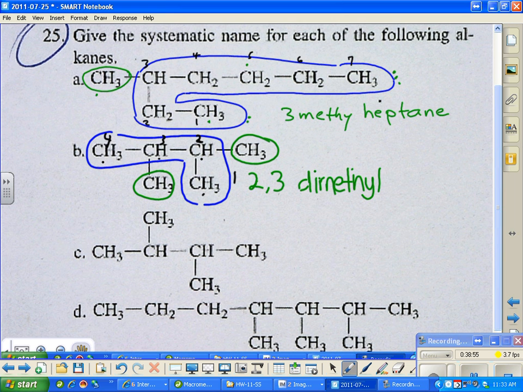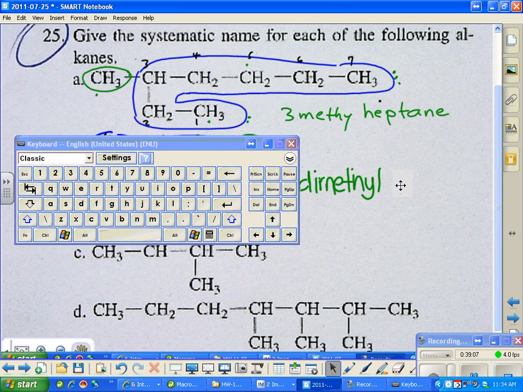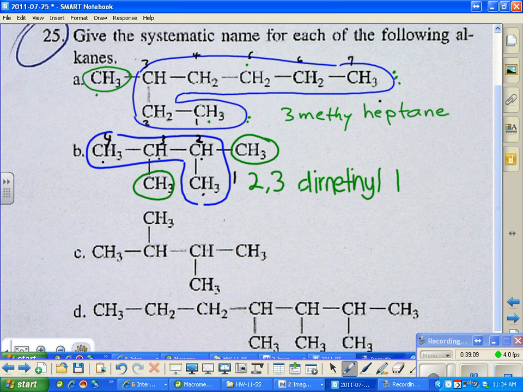Okay, so this is butane. So, write it. B-U-T-A-N-E. Yep. It wouldn't make it wrong to write that as a capital, but the capital is not necessary. Okay. So, that's a good name. All right. Very good. Thank you.